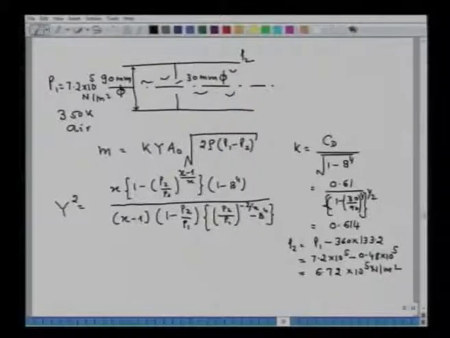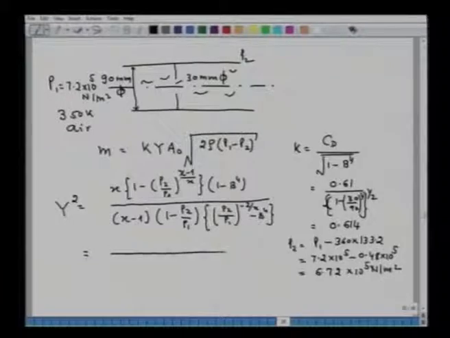That means a fraction of P1 is converted into velocity. So, now we know the value of Y, we know the value of K, we know the value of A0, which is pi by 4 d square, and so on. So, now we can calculate. First we evaluate the value of Y. I do not think I need to substitute, well, you can do it. Let me substitute for you.